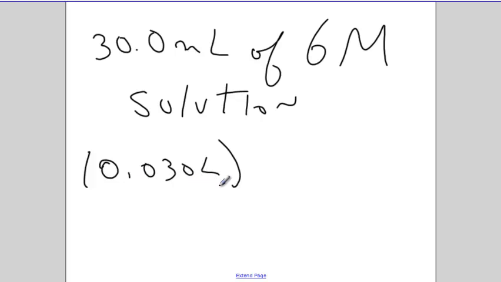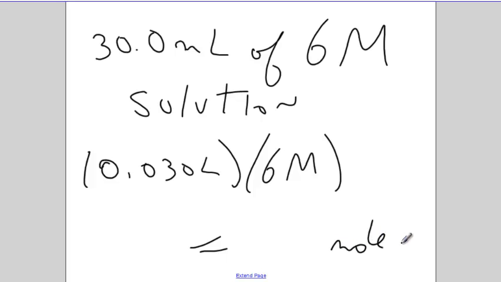So 0.030 liters times 6 molar, or 6 moles per liter, is going to give me moles. 6 times 3 is 18. So that's 0.18 moles. And then you're free to use this in stoichiometry.